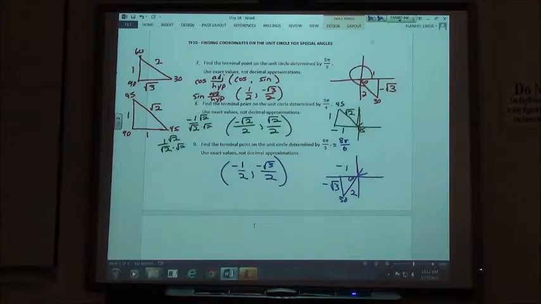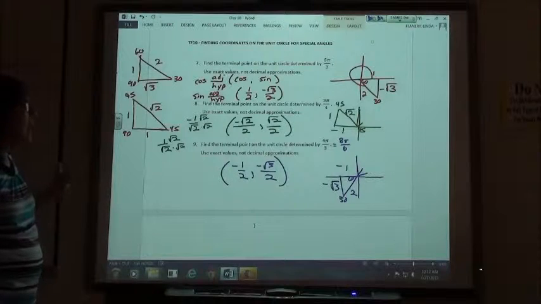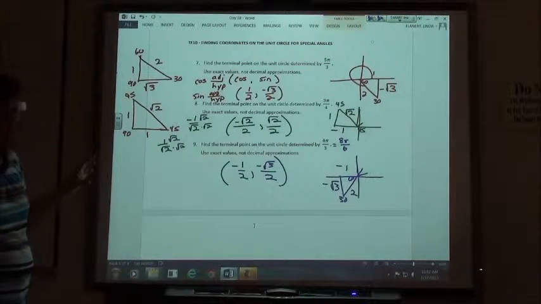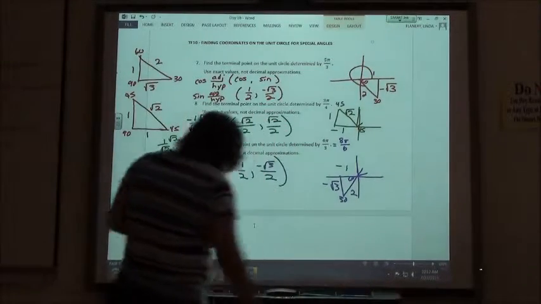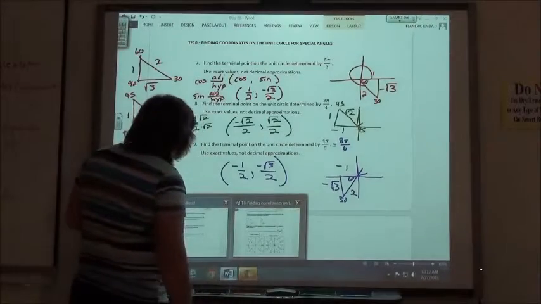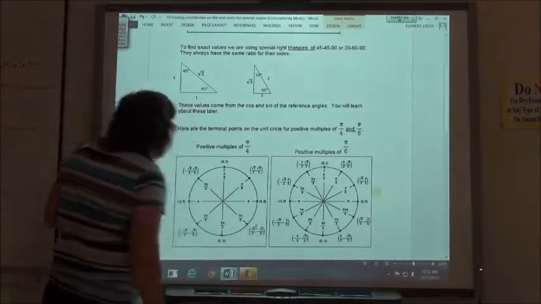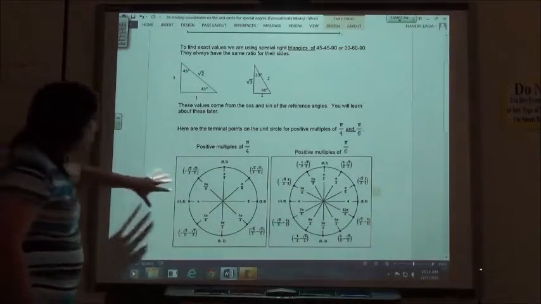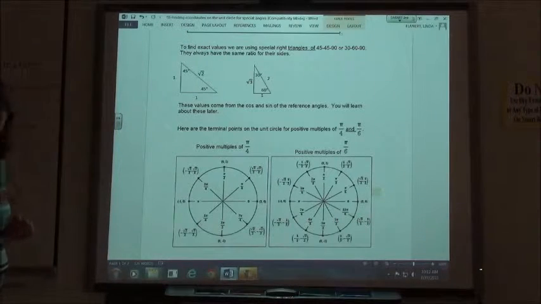Now I did those all by drawing my reference triangles and knowing all those things about sine and cosine. On Alex, for right now, they're going to have the information kind of drawn out for you on a table. So if I go over to Linda's note sheets, over here, on the Alex program, they're going to have these nice little tables for you.